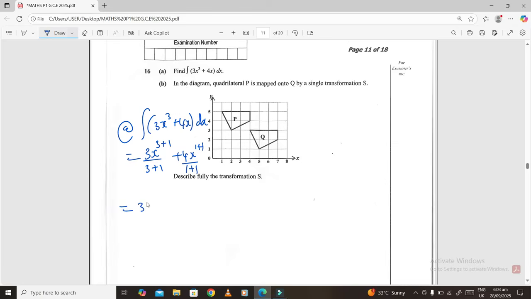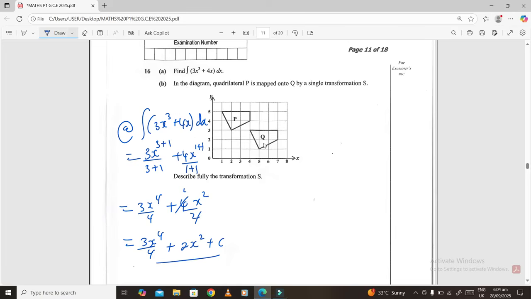This will be 3x^4/4 + 4x^2/2. So this will be 3x^4/4 + 2x^2 + c. So 2 into 2 it's a 1, into 4 it's a 2, and this is what we have.